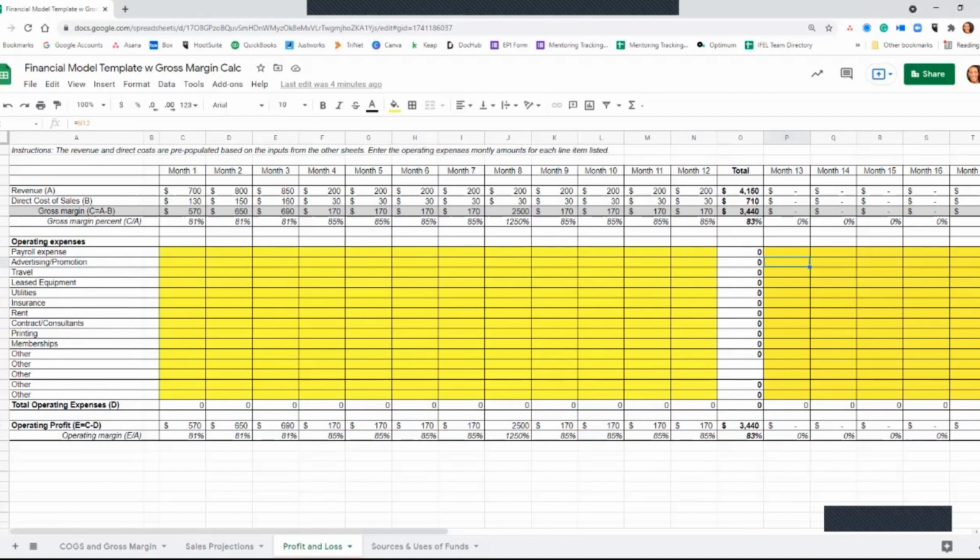And again, if they're looking down here and their operating profit is negative or too low, they need to rethink some of these inputs. Also, make sure that they are including themselves. We see a lot of business owners that finish the spreadsheet and you ask the question, where are you in this? And they say, oh, well, I'm not paying myself. Well, what is the point of doing a business if you're not making any money?